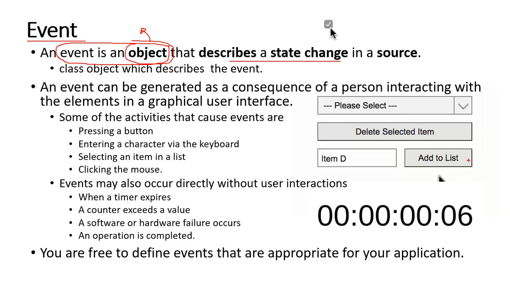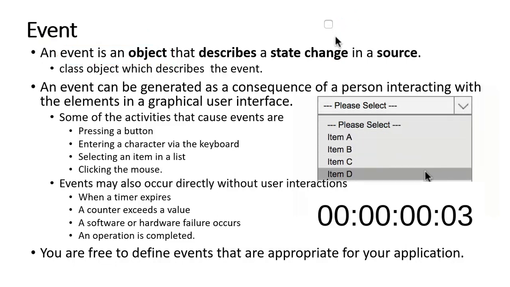When I click on a button, make some selection, or click on some component, its state changes, and that is what is described within that event object.